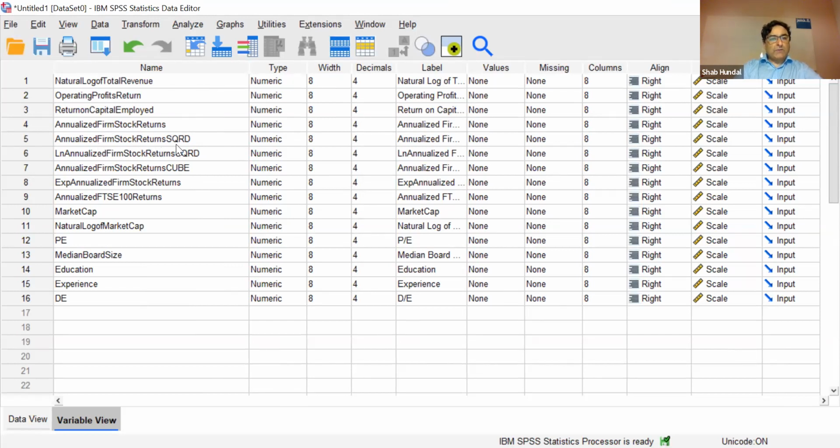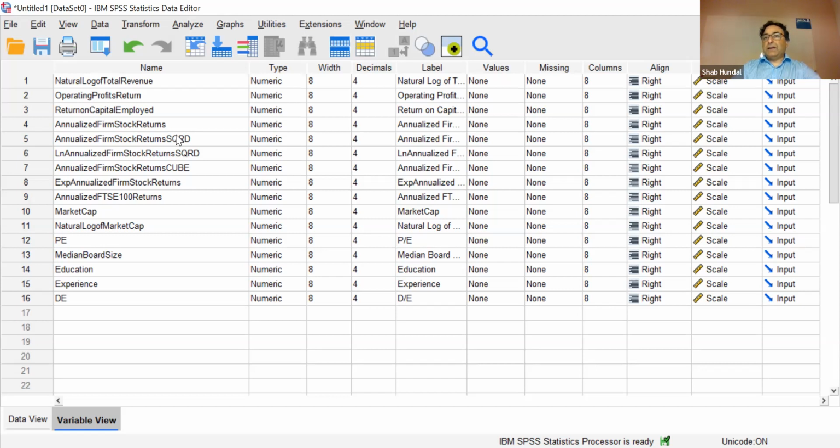Sometimes I call the squared values because sometimes your y variable, even the x variable, the dependent variables and the independent variables, if you take them only in the linear form, it doesn't work sometimes. And just because a certain form of the variable doesn't show the significant results, it doesn't mean that the phenomenon doesn't exist.